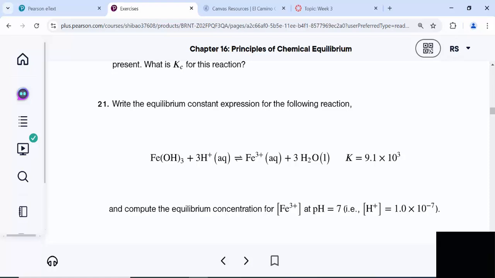Is H2O liquid, what's the activity of H2O liquid? 1, right. And so in this K expression, H2O liquid is just 1. We don't even write it there. So it's just the concentration of iron divided by the concentration. This is a problem. Is this iron(III) hydroxide a solid, liquid, or aqueous?